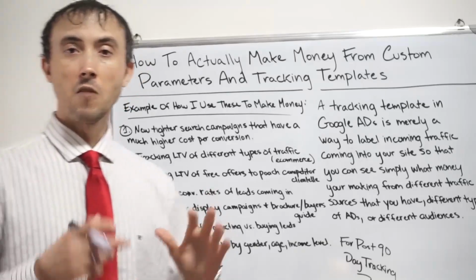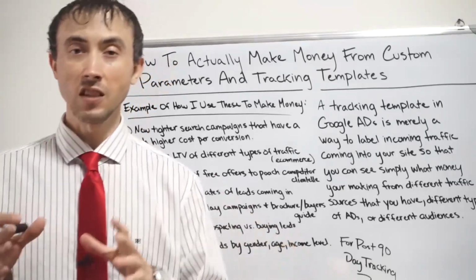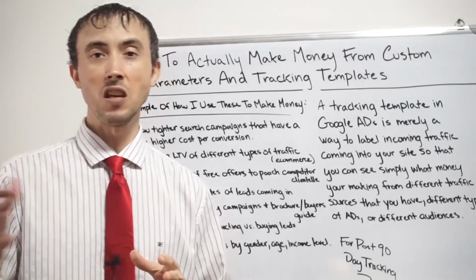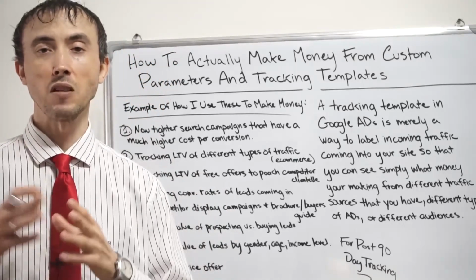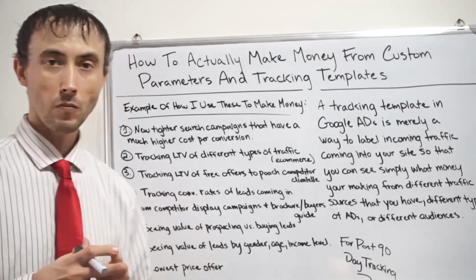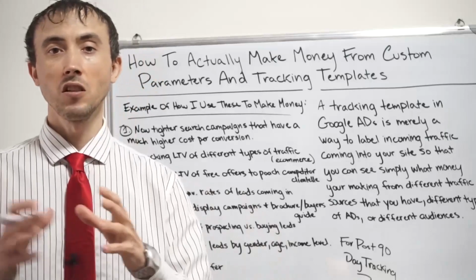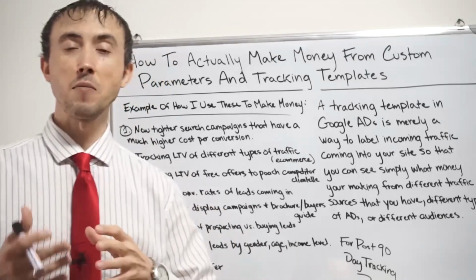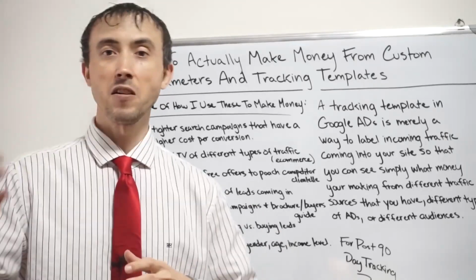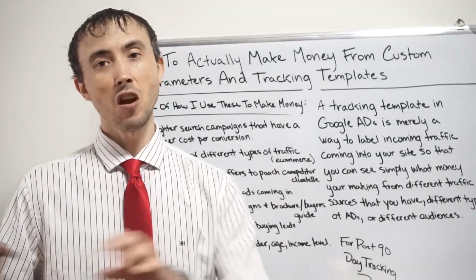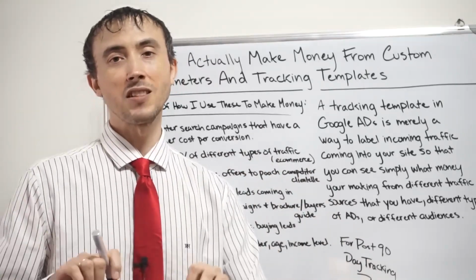A, if you have a CRM where all the leads you have come in lie, or you have a customer database, like if you're doing e-commerce, where all your customer database information is, the tracking templates make sure the data about what works, what ads, whatever you're labeling, whether it's competitor audience versus non-competitor audience, whatever you're doing, exists in your CRM or your customer database, so it stays with it.